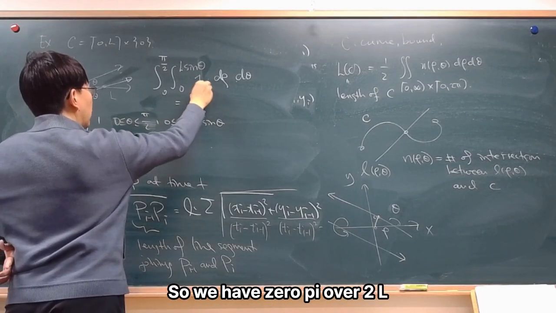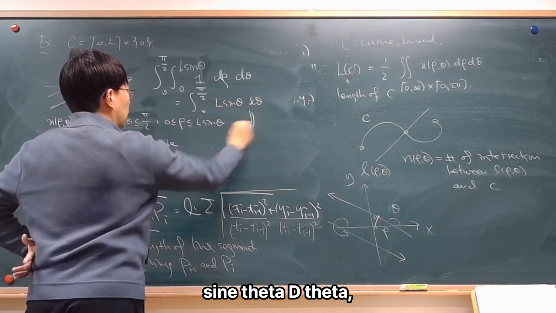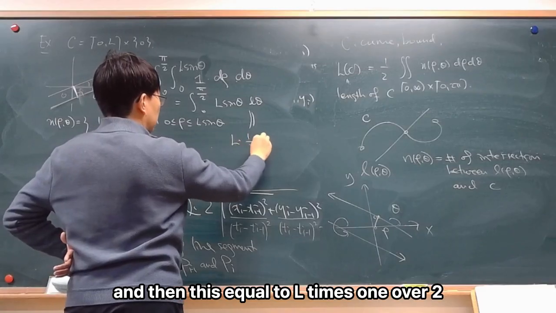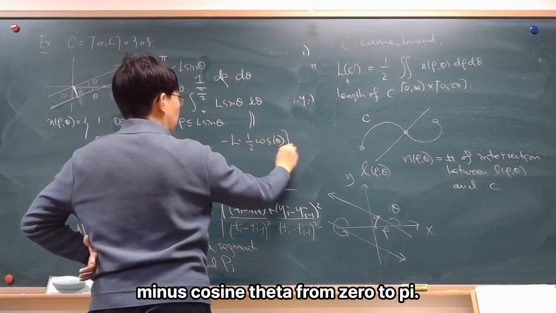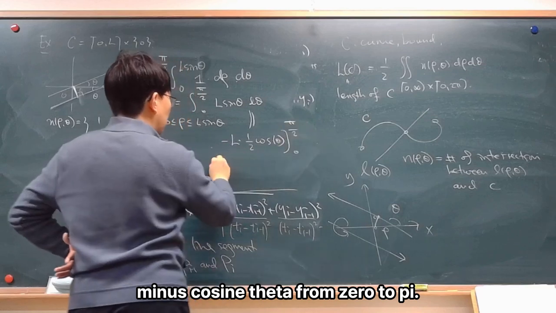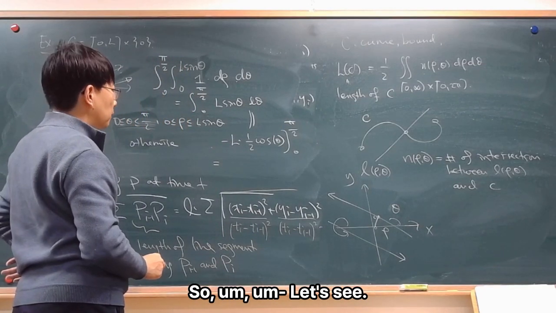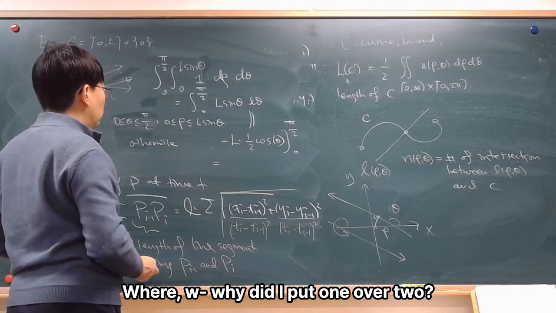So we have the integral from 0 to pi over 2 of L sine theta d theta, and then this is equal to L times minus cosine theta from 0 to pi over 2.